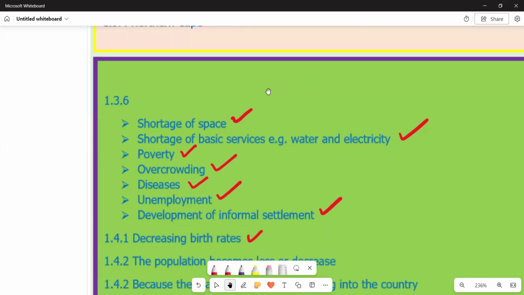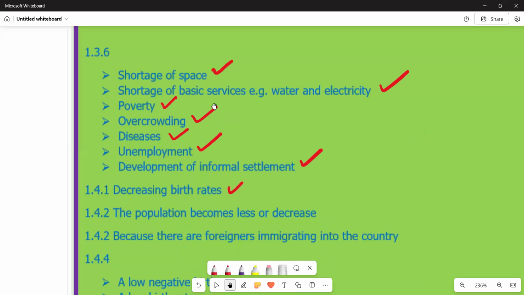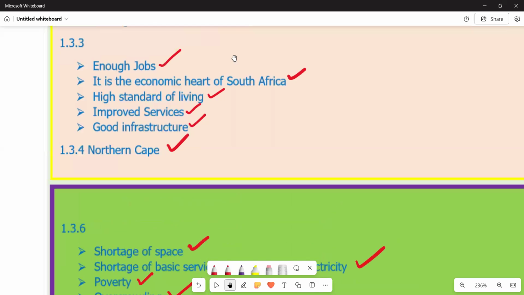If you come here, you would see that the answer section is highlighting that the population becomes less or decreases. By becoming less or decreasing, that's where we are having those problems that we are saying are going to affect the labor force, which is the problem now. So this is what we have in terms of 1.4.2. We can move on to the next question.